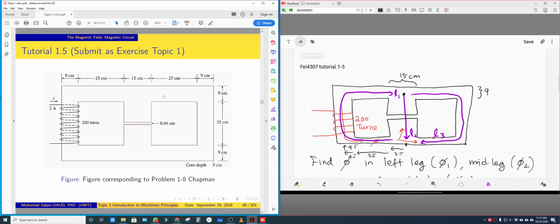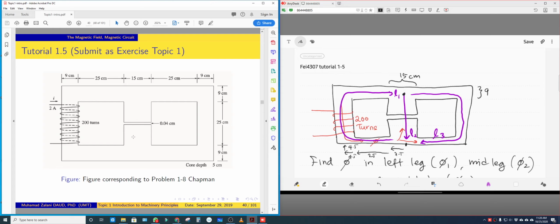Dan cross sectional area bagi yang tengah ini, lebar dia 15, dalam dia 5. So 15 darab 5 lah cross sectional area yang ni. Begitu juga dengan yang bawah ni.